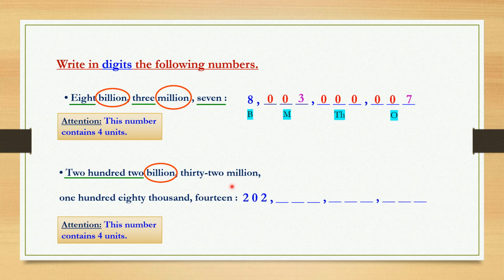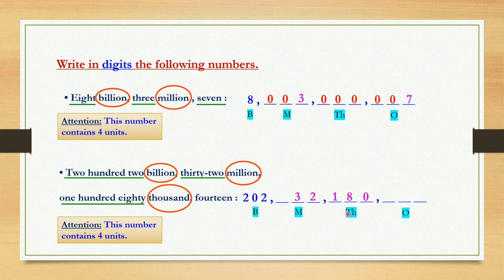Now let's continue. In the millions unit, we have the number 32. So we put 3 in the 10 millions place and 2 in the millions place. Now in the thousands unit, we have 180. So I write 180.